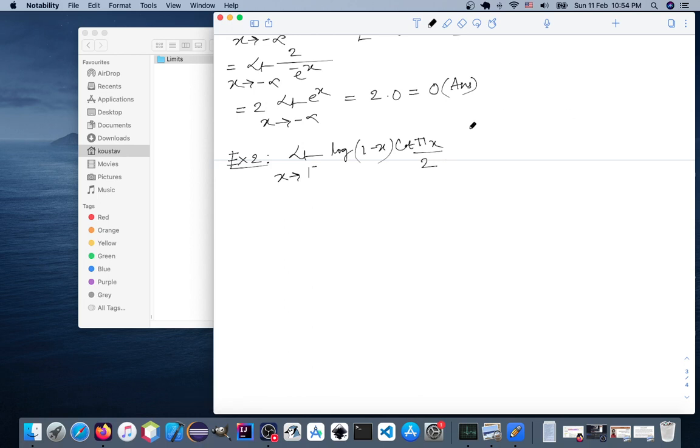So we can see that when x tends to 1 minus, this implies x is a little less than 1, so 1 minus x will tend to 0 plus, a little greater than 0.